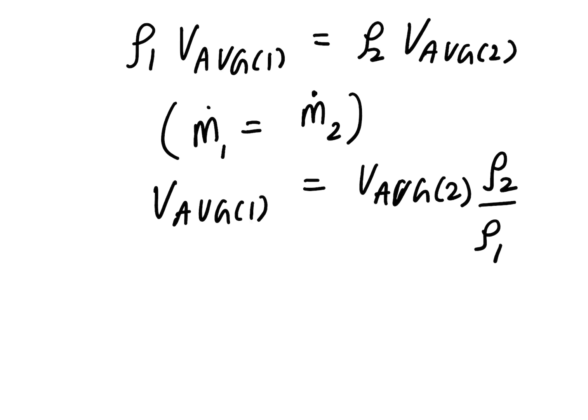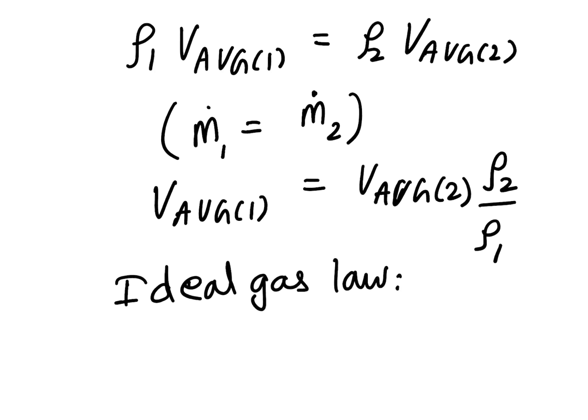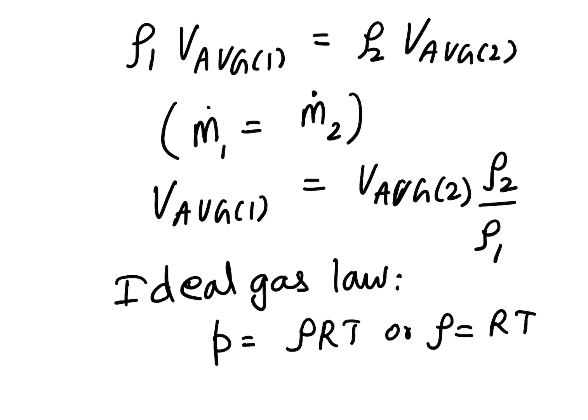Now instead of providing us rho 2 and rho 1 directly, the problem tells us the pressure and temperature, for which we can use the ideal gas law. P equals rho RT, or rho equals P over RT.